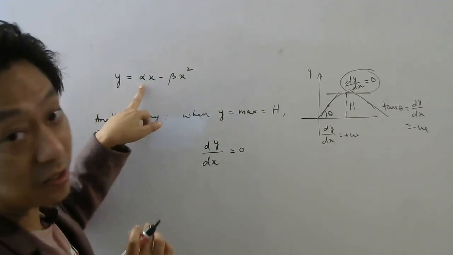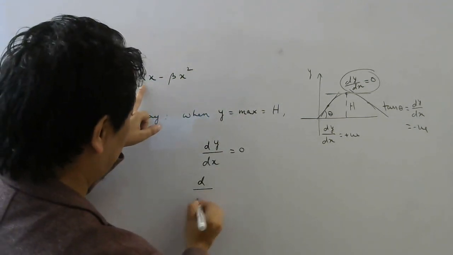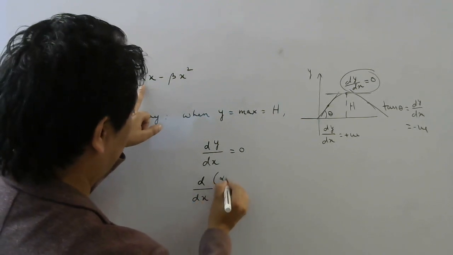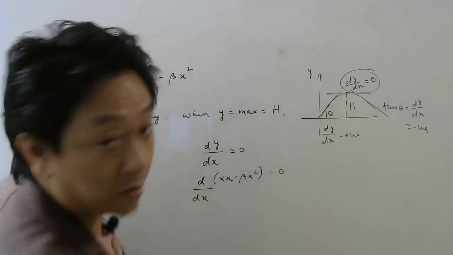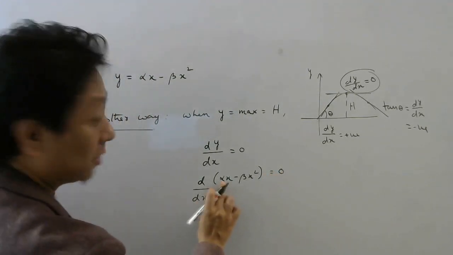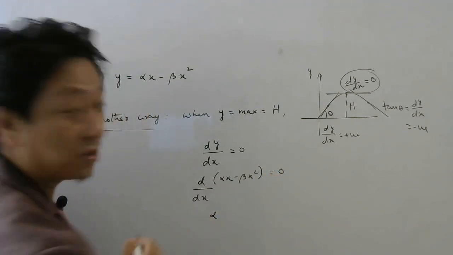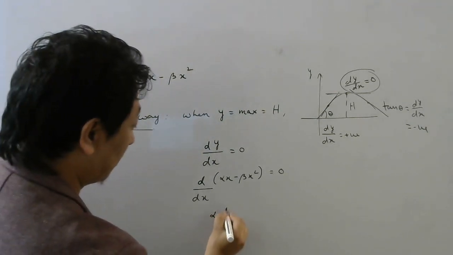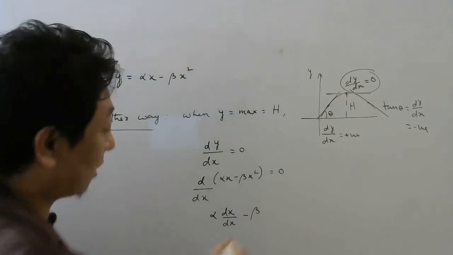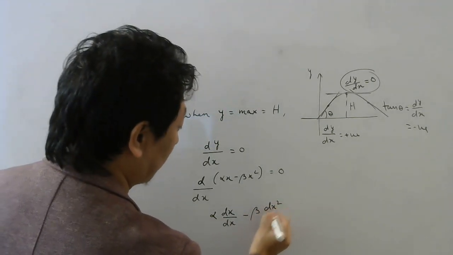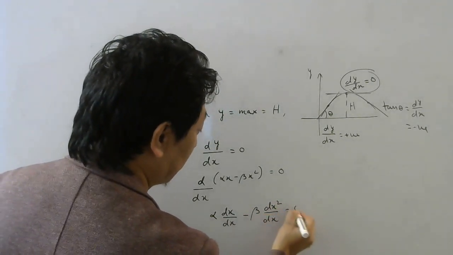So take the differentiation of this. d by dx of alpha x minus beta x square equal to 0. Differentiation of the first term: alpha is constant, it will come outside, dx by dx, minus beta will come outside, d x square by dx, that should be 0.